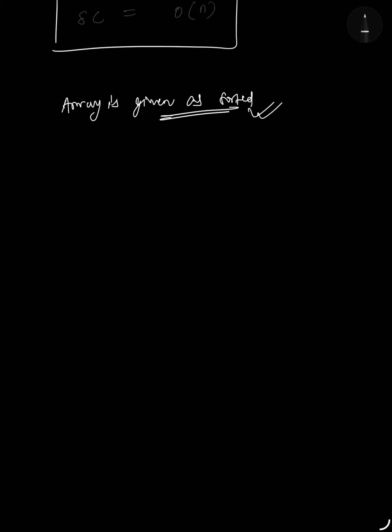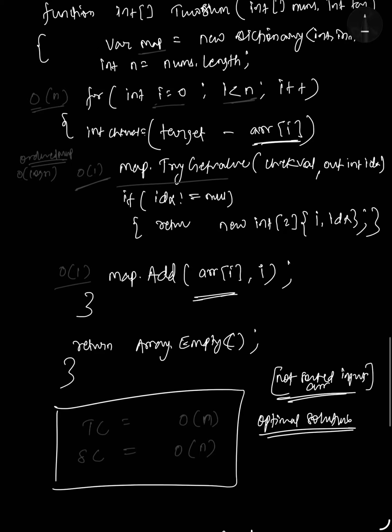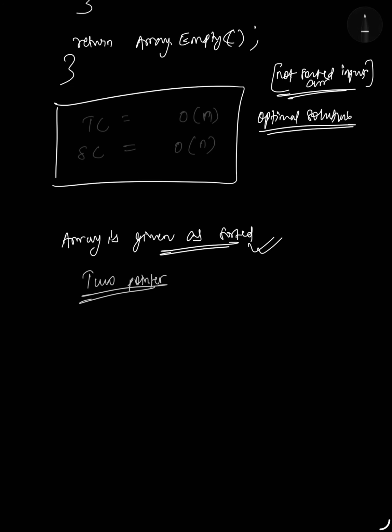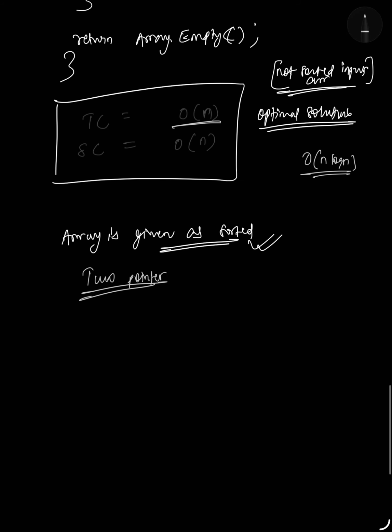Okay, so that focuses on two pointer logic. We can apply that same two pointer logic in this question also, but before that we have to do the sorting on the array, and sorting can go up to n log n time complexity, which is not better than O of n. So that is why we will be going with O of n log n in that case.